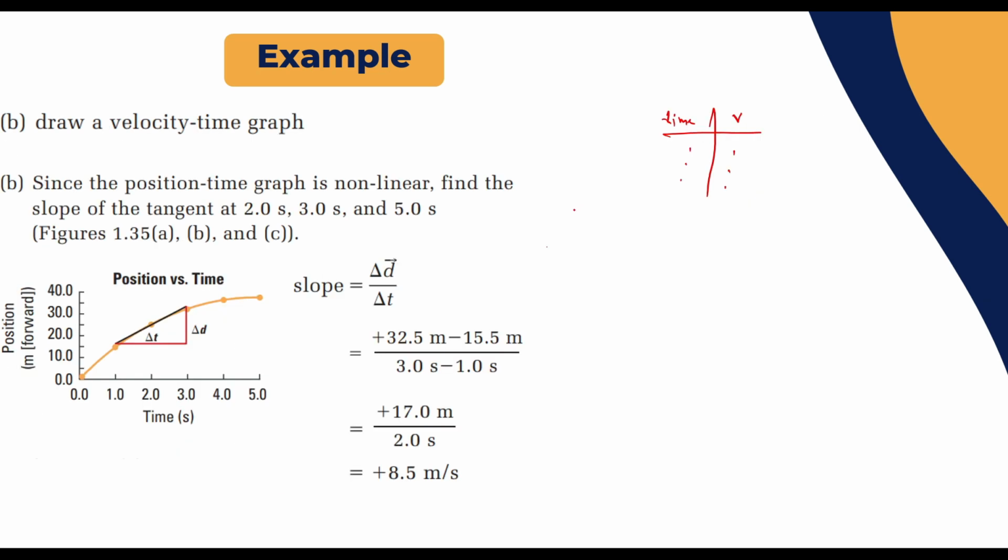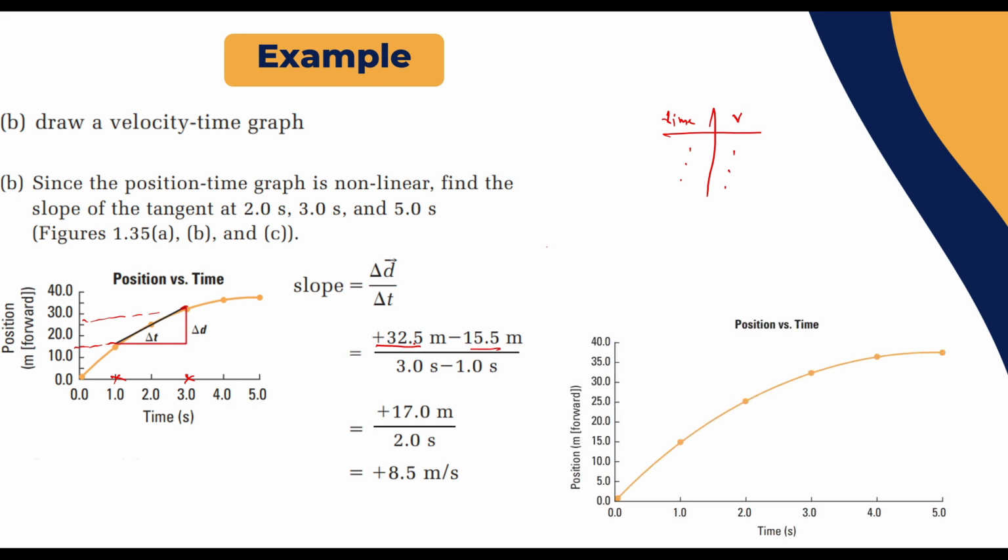The slope in this case equals delta d over delta t. We found that the first tangent is projecting from 15.5 meters to 32.5 meters. So 32.5 minus 15.5 over 3, the final time, minus 1 for the first time, and that would be 17 over 2, giving you 8.5 meters per second.